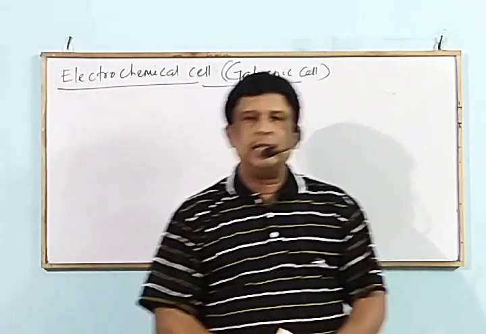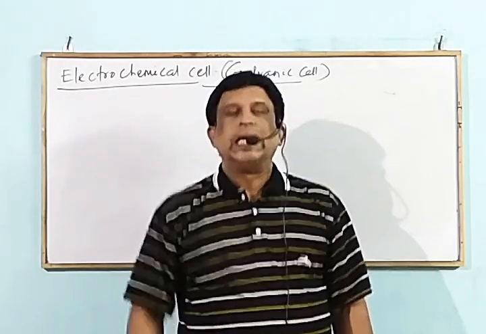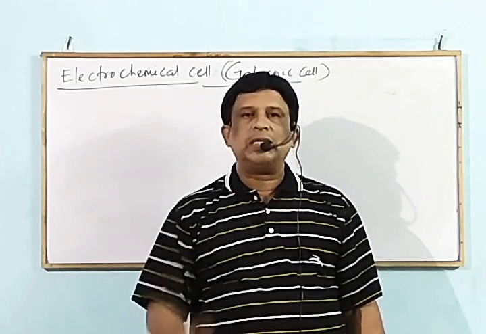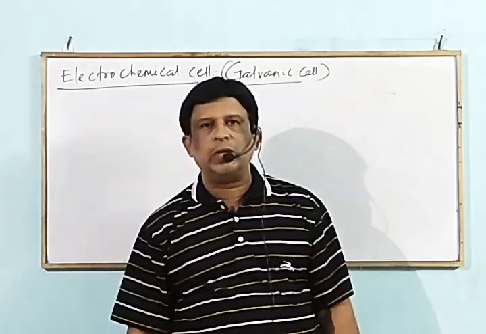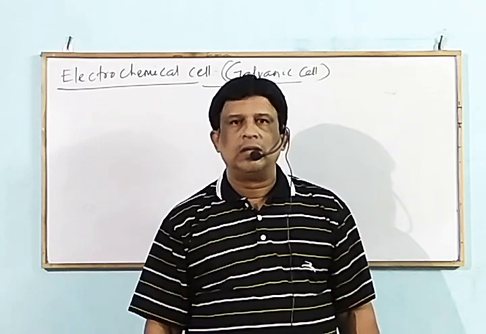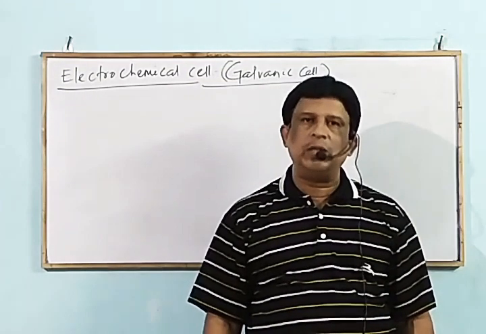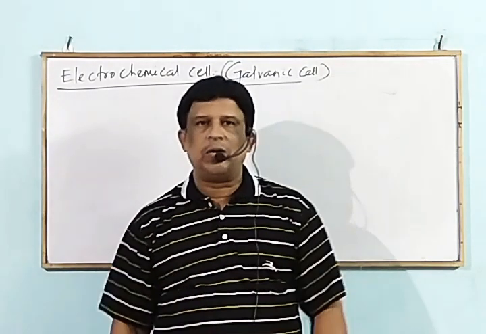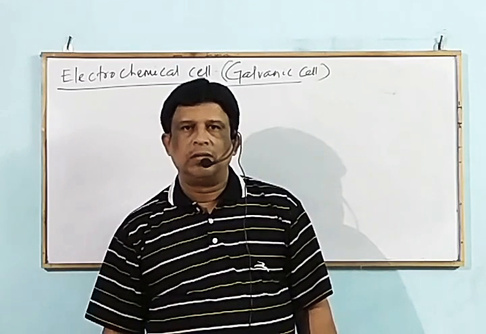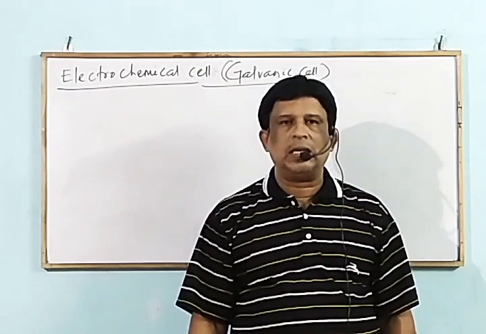It is a device in which chemical energy, that means indirect redox reaction, takes place as a result of which electrical energy is produced. It is a device in which chemical energy is converted to electrical energy. This is known as galvanic cell or electrochemical cell.